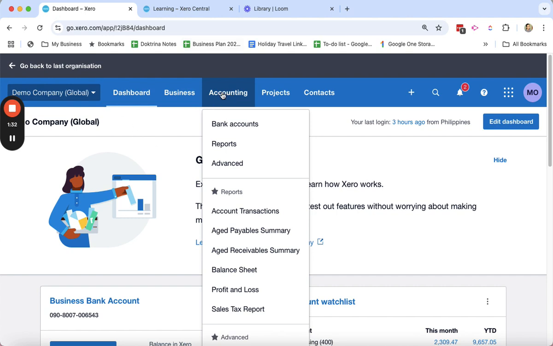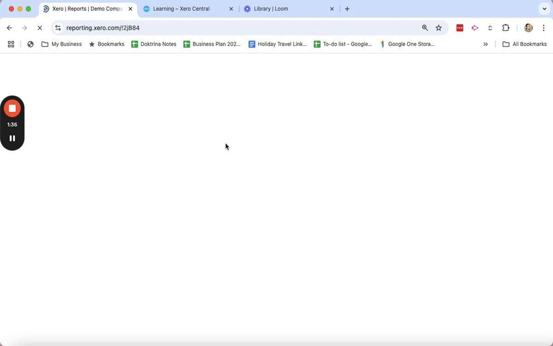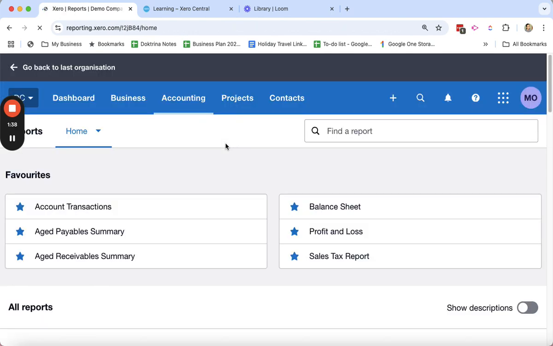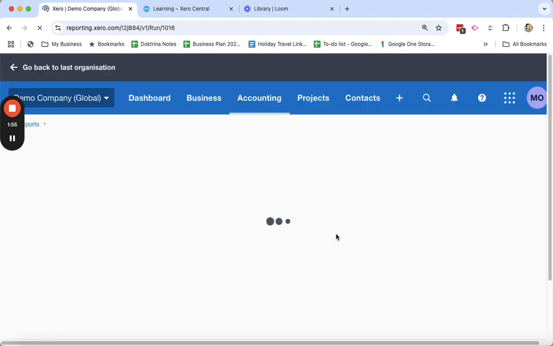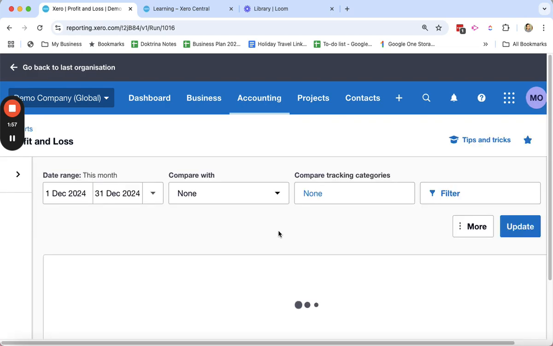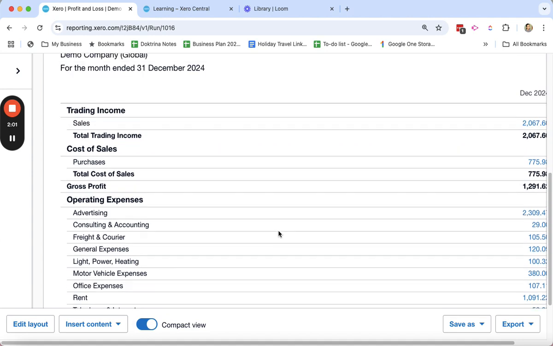You click on accounting, reports, and the most common accounting reports that you will have to prepare are the balance sheet and the profit and loss. In the Philippines, it's called the income statement. In the profit and loss, you will have the summary of all the transactions of a business.